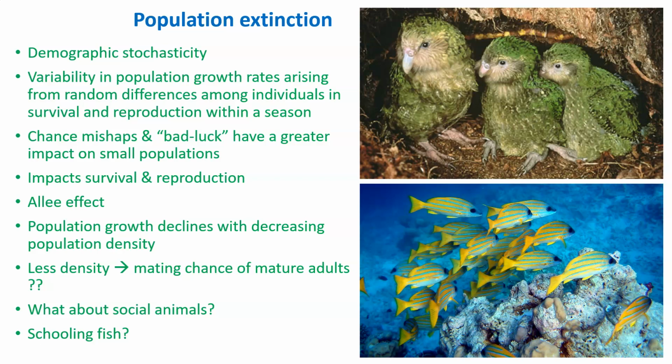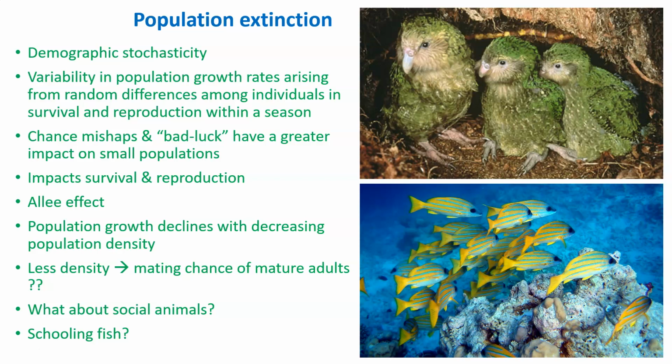Again, what is demographic stochasticity? That is the between-individual variability in a given population that results in variable survival and reproductive success, which then contributes to variation in population growth, right?